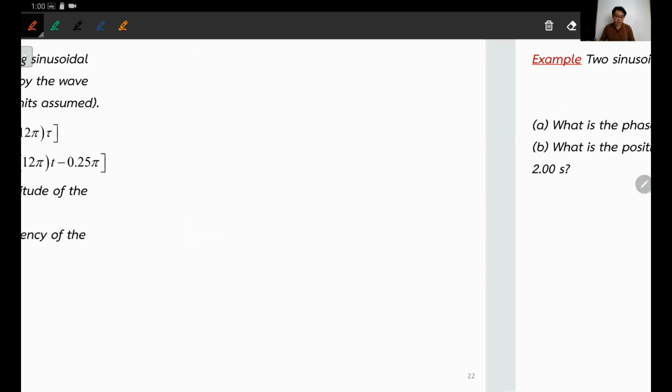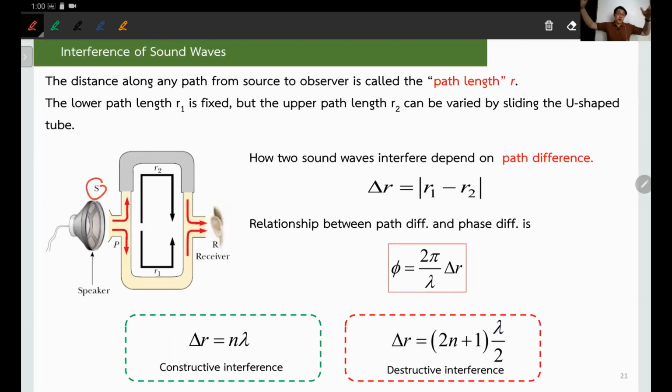The waves coming from the two sources will travel their own distances. You can call those distances R1 and R2. R1 is the distance from source number one to the observer. R sub 2 is the distance from source number 2 to the observer.